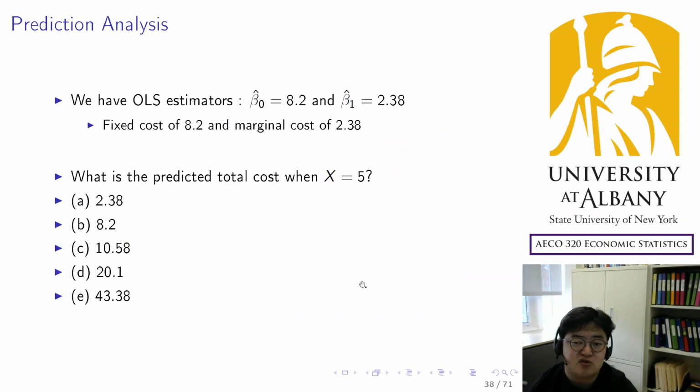Then I will ask you to do one simple example. Predict the total cost when x is 5 using these simple numbers. It's pretty simple algebra, but please try it by yourself. Okay, it's pretty simple. The answer is 8.2 plus 2.38 times 5, right?